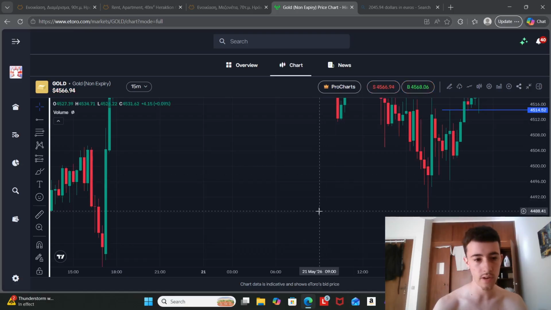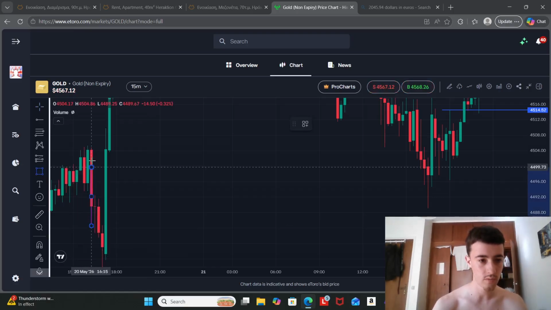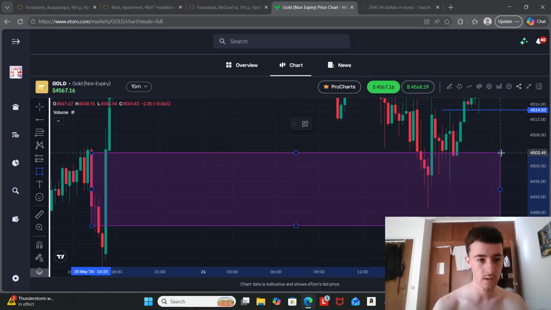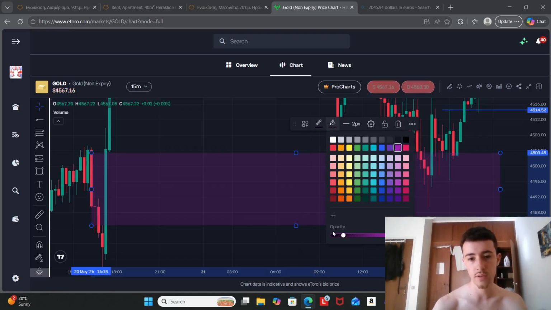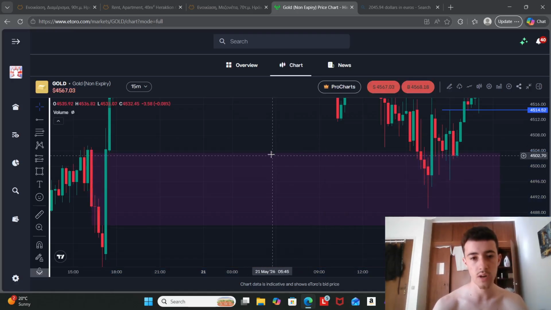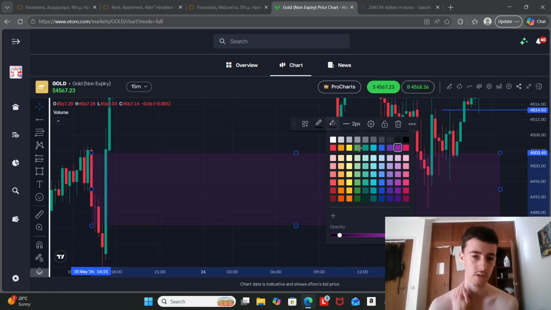Okay, we can see a fair value gap here. So I'll mark this one out. Obviously we know with the bullish fair value gaps, price will likely fill it and then reverse or continue, as this is actually a continuation.